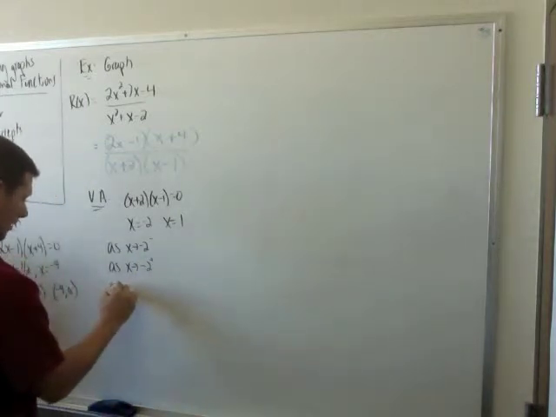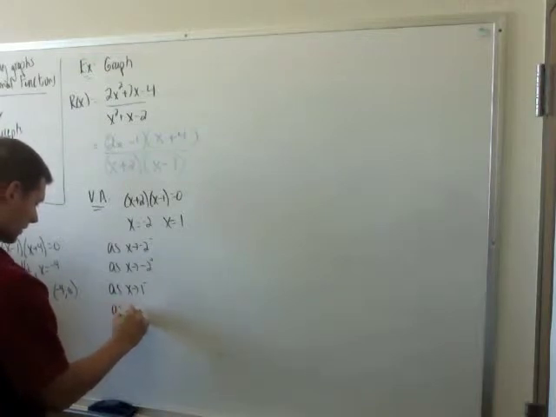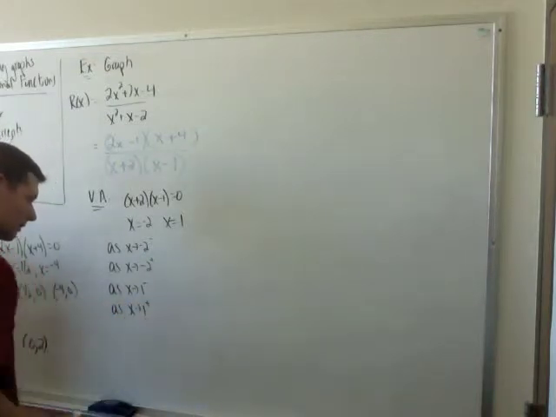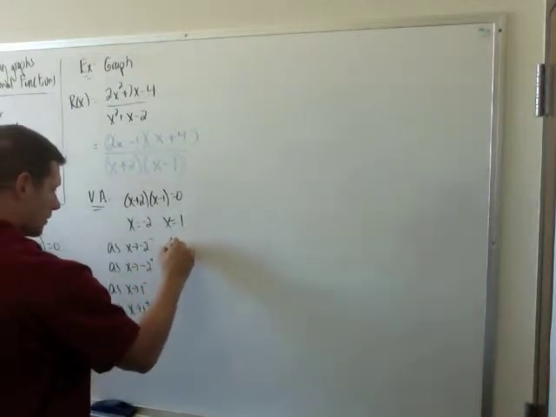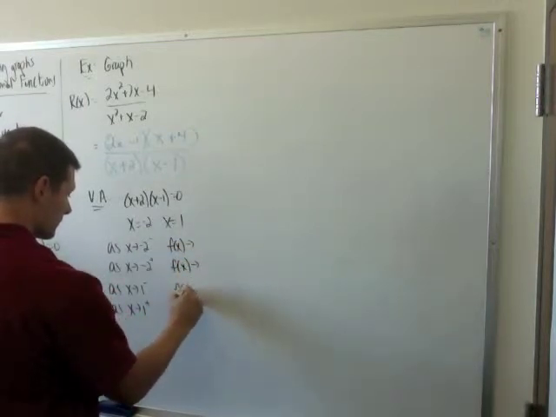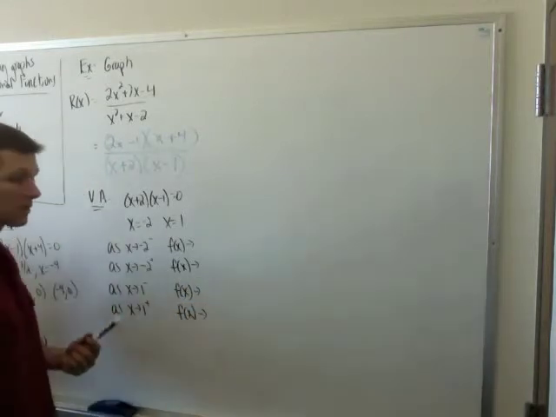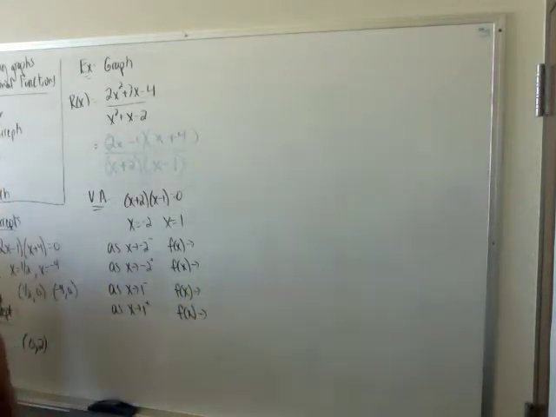And we need to talk about as x approaches 1 from the left and from the right. You need to always talk about these things. What does f of x approach? Since they're asymptotes, it's either going to be positive infinity or negative infinity.